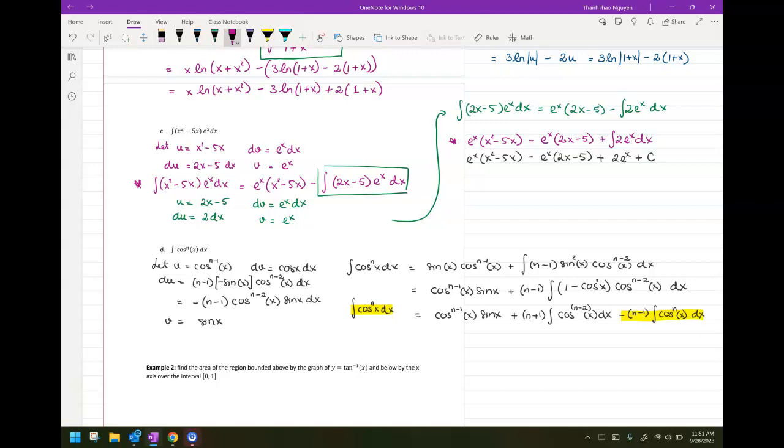This now becomes n times the integral of cosine to the n of x dx equal to cosine to the n minus 1 of x times sine of x plus n minus 1 times the integral of cosine to the n minus 2 of x dx.